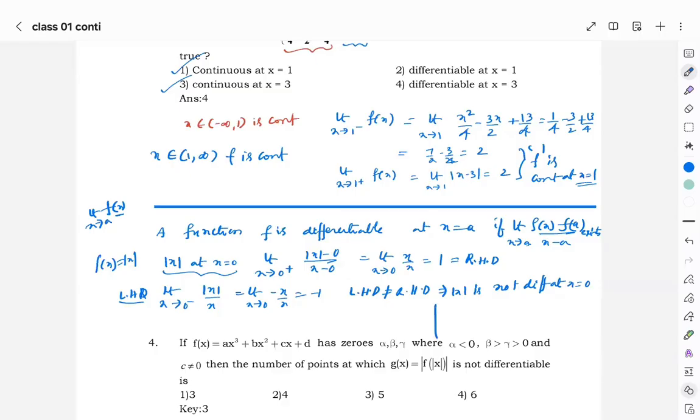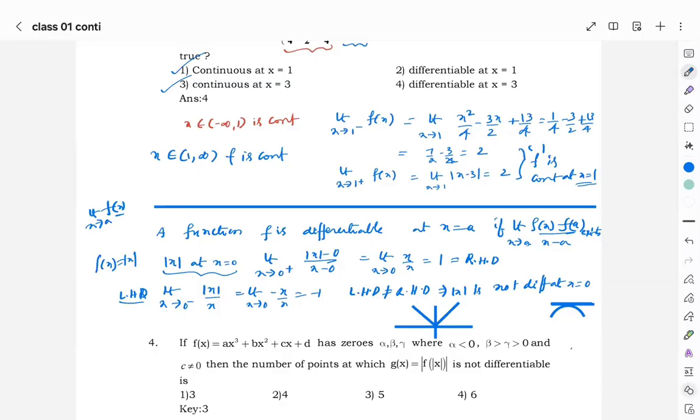Graphically, what I say here for checking differentiability is to look at where sharp edges are. Derivative means where you can draw the tangent, and that too a unique tangent. If you take a graph like this, then at this point I can draw a unique tangent which touches at only one point.